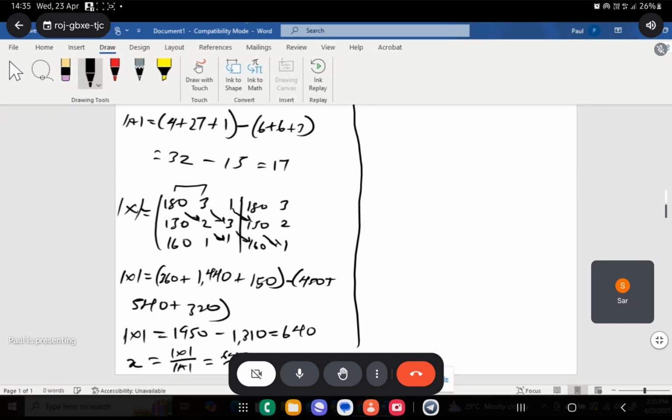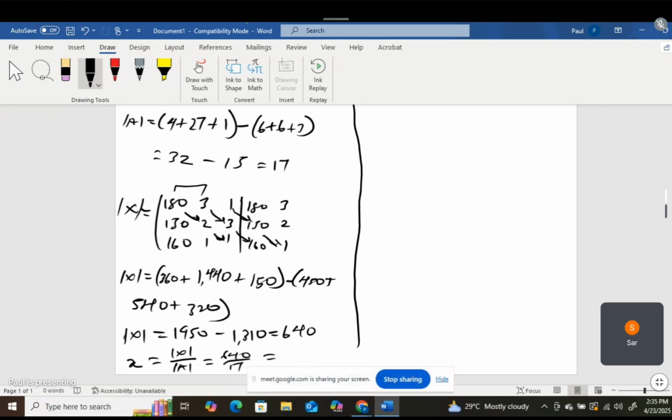So the answer becomes 640 divided by 17. I'm getting 37.64. So 37.65 approximate.